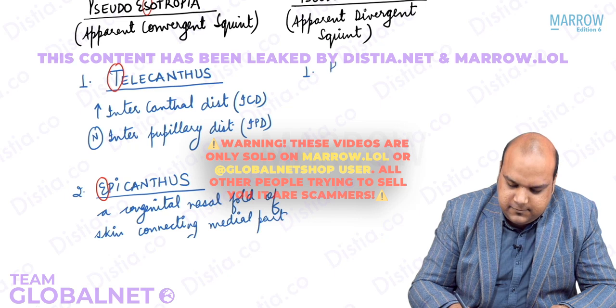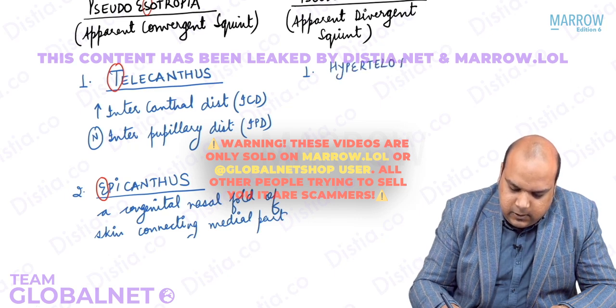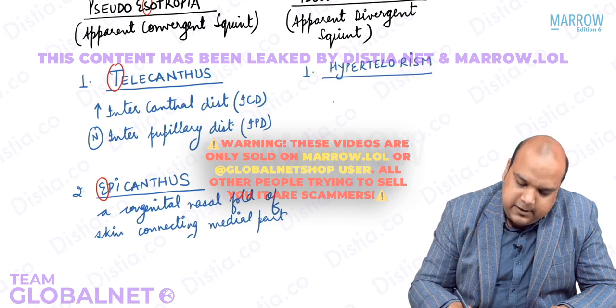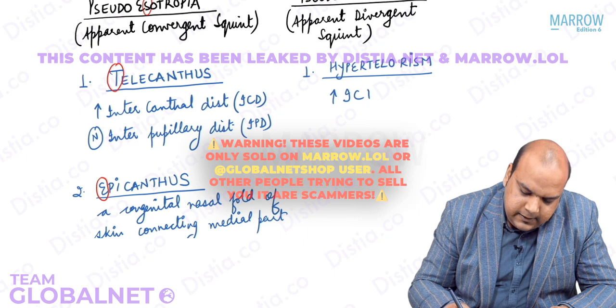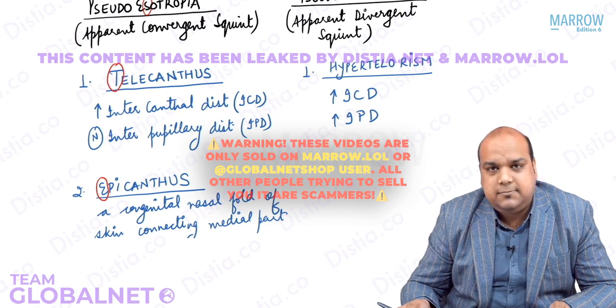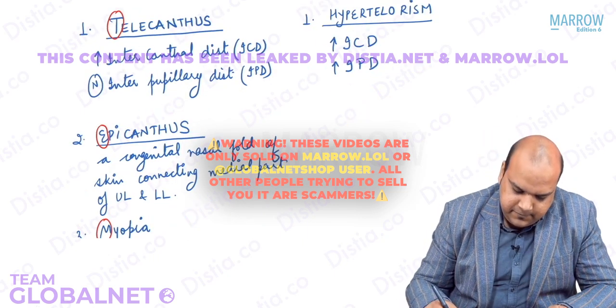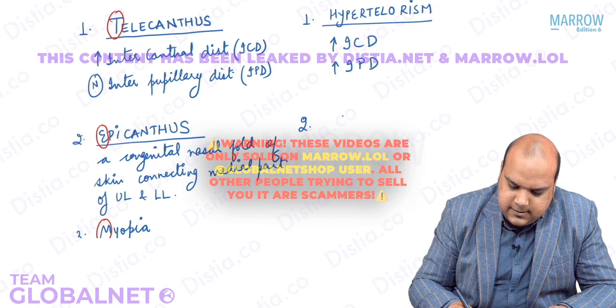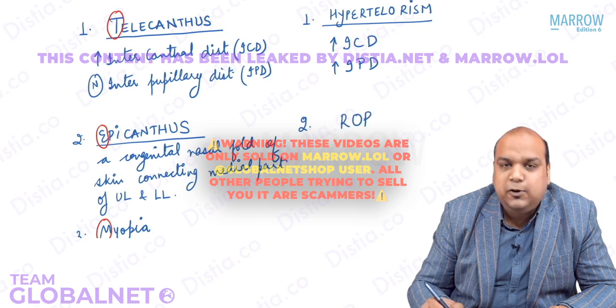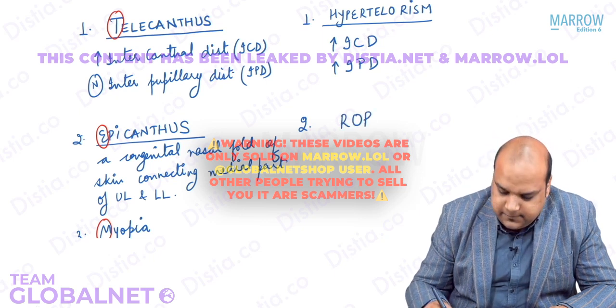Okay? Now, let's move on to the causes of pseudoexotropia. Number one, hypertelorism. What is hypertelorism? Increased intercanthal distance along with increased interpupillary distance. Okay, both are increased. The second cause is ROP, retinopathy of prematurity.